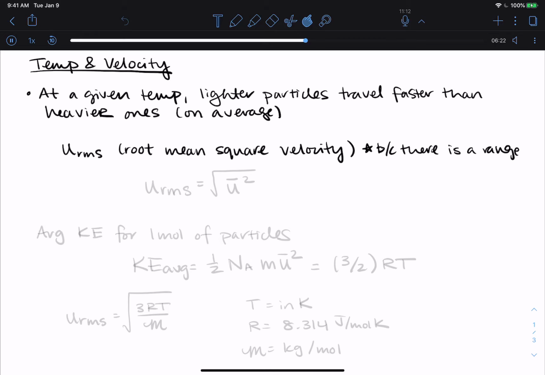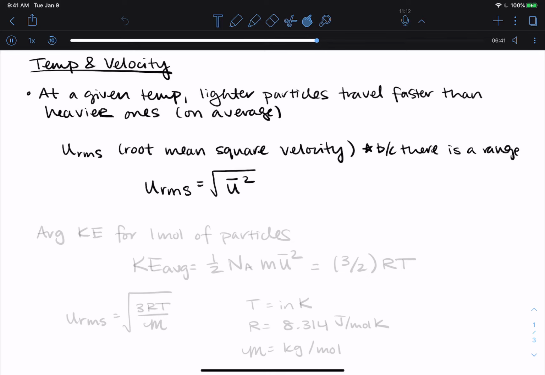The root mean square velocity, u RMS, is what it sounds like, the square root of the mean, the average, squared.